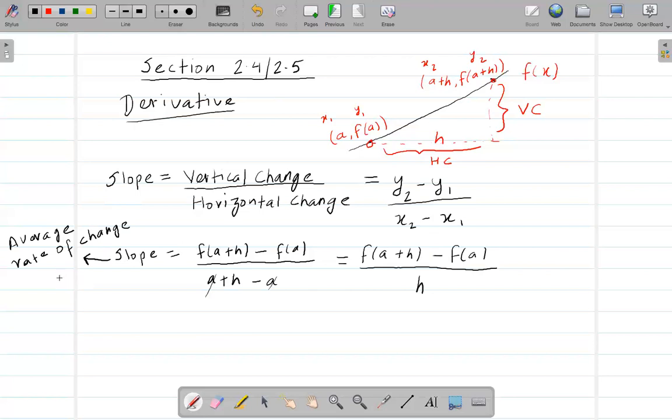So if you see a problem asking for average rate of change, or if you see slope, then this is the formula right here, okay?